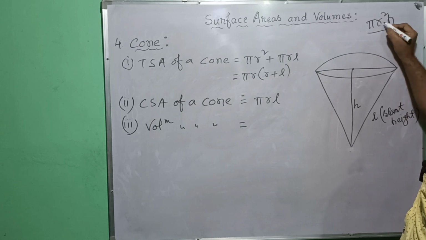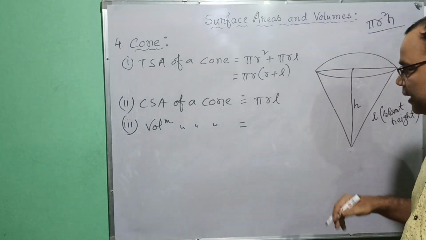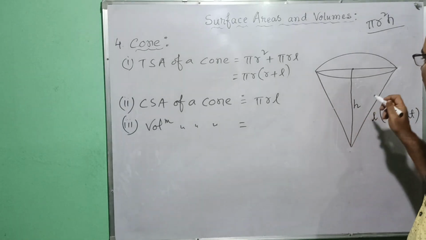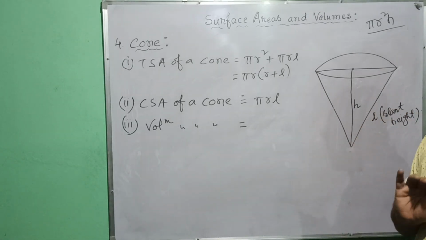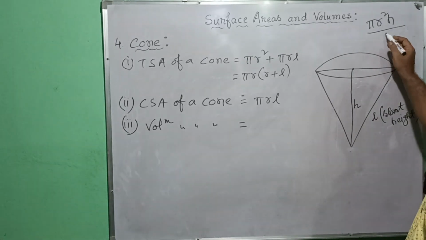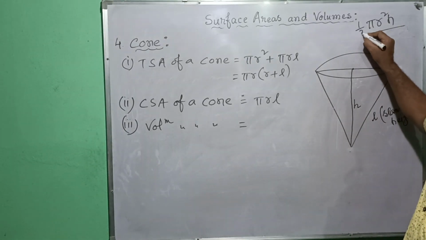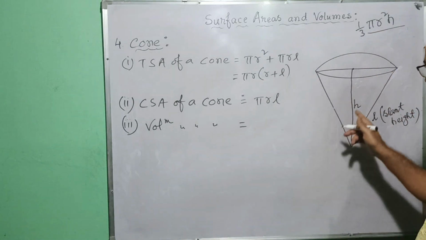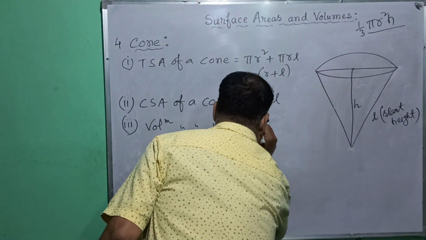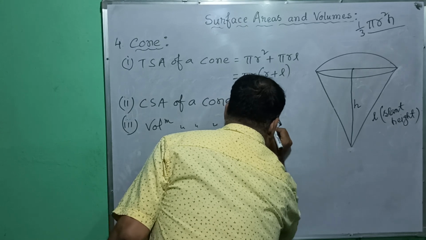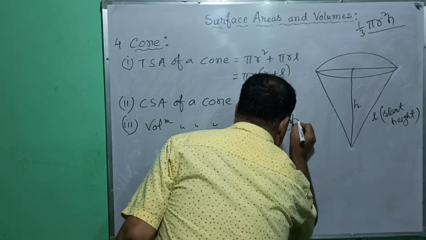This is the volume of a cylinder. And in case of a cone, the volume of a cone is just 1/3 of the volume of a cylinder. Just put 1/3 here to get the volume of a cone. So we will write 1/3 pi r square h.